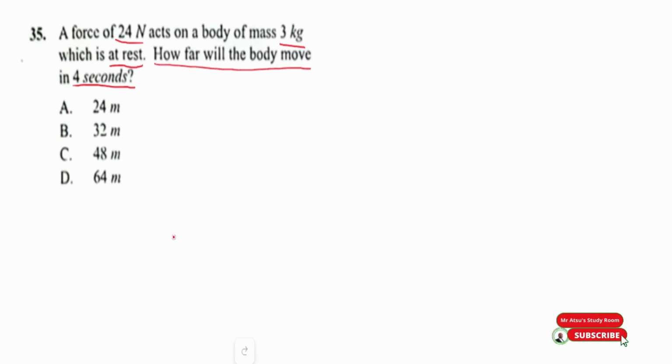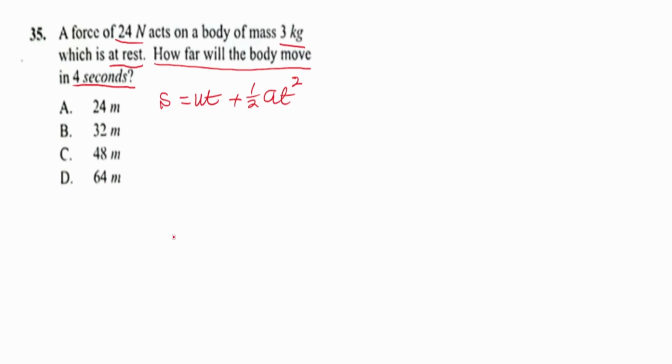Good. This is mechanics, and we will need equations of motion to be able to solve this. More specifically, we need the second equation of motion, which is s equals ut plus 1/2 at squared, where s is displacement, u is initial velocity, t is time, and a is acceleration.